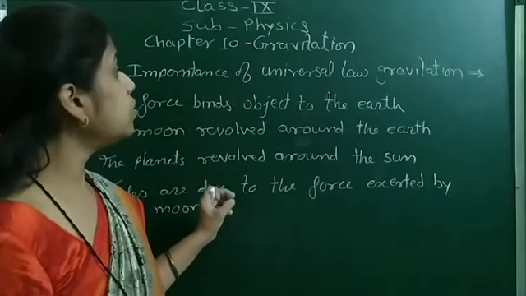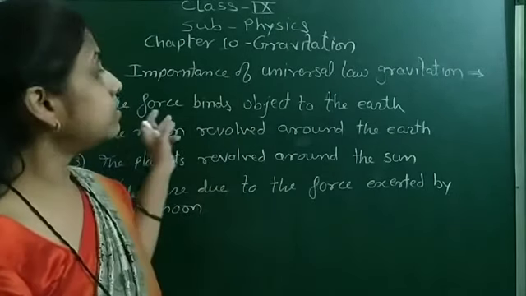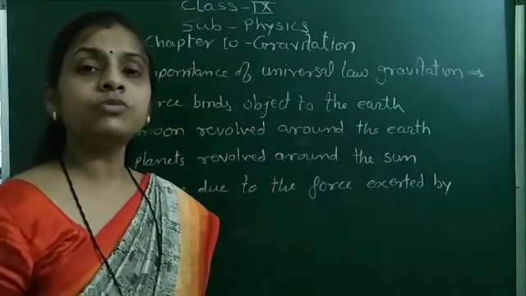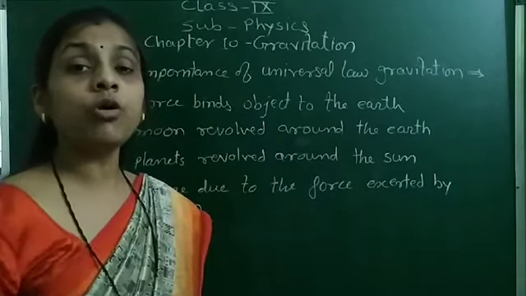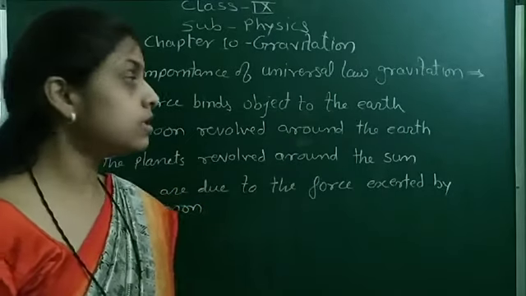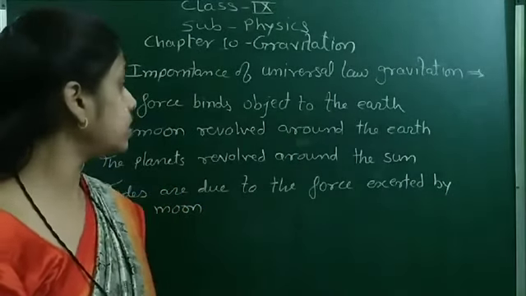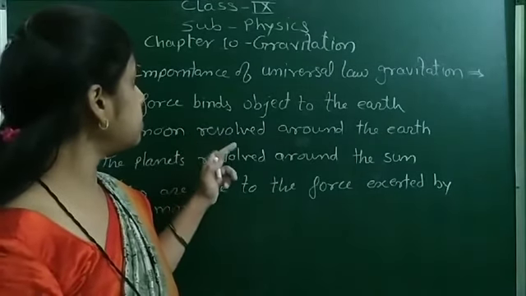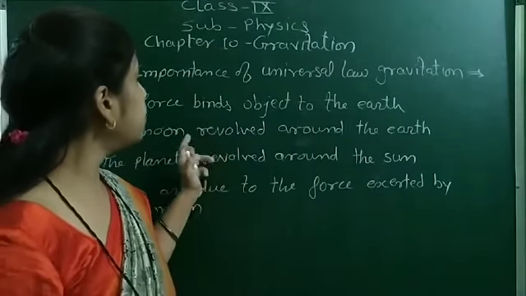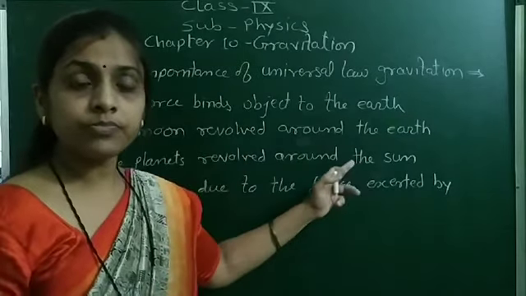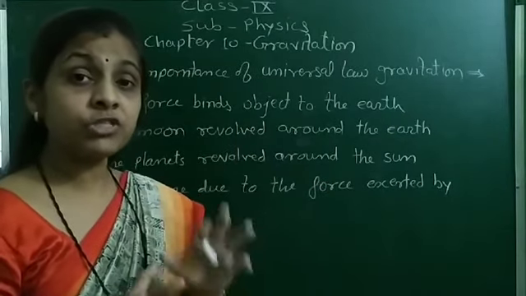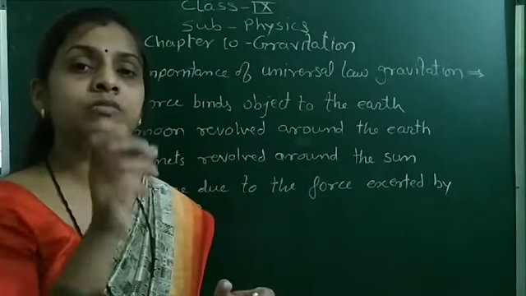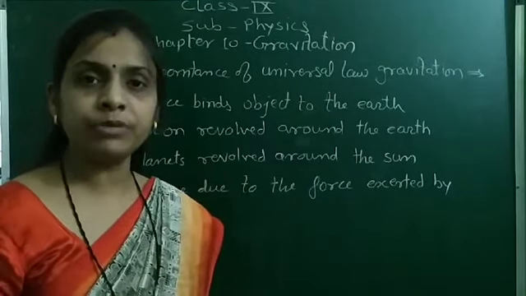Because of the universal law of gravitation, objects are always bound towards the earth, and whenever an object is thrown upward, it always gets attracted towards the earth and falls in a downward direction. Then because of this law of gravitation, the moon revolves around the earth, and the specific force because of which the moon revolves around the earth is nothing but the centripetal force.